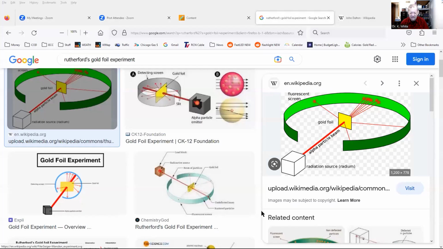And what Rutherford was able to elucidate, that's a fancy word meaning figure out, is that the center of an atom, called the nucleus, is very dense. So dense that when these high energy particles hit it, they came back. As you see here.